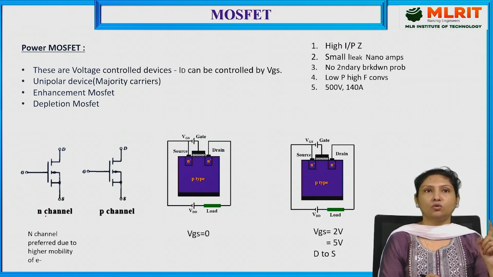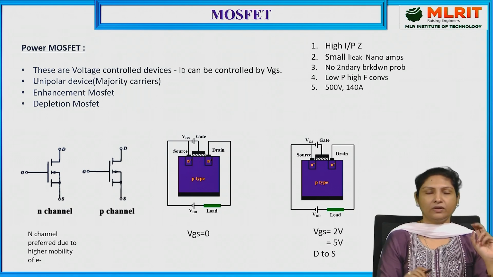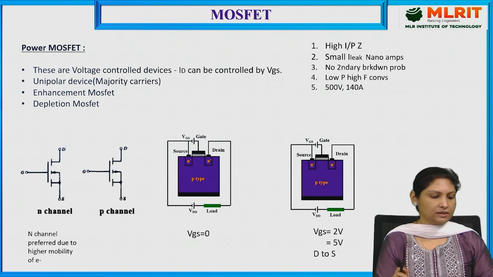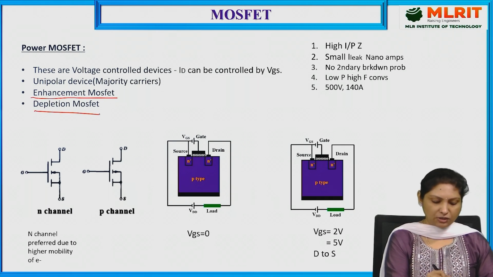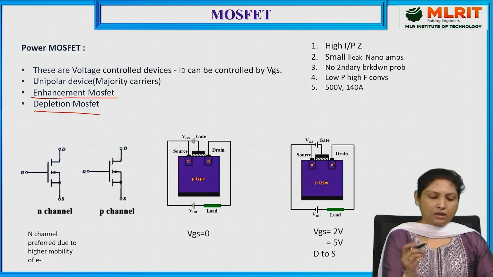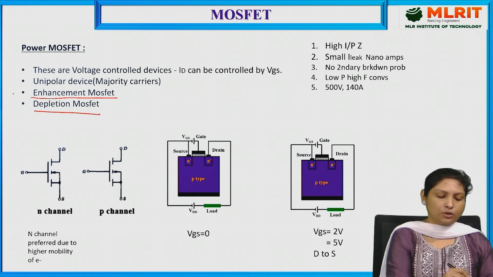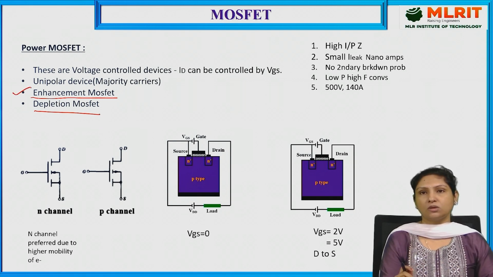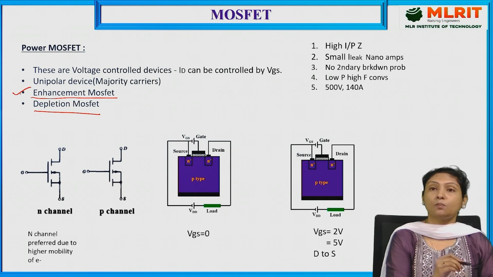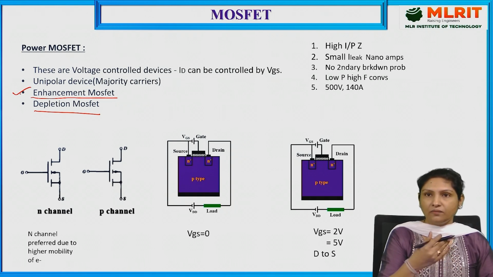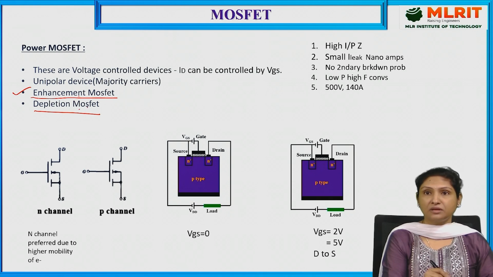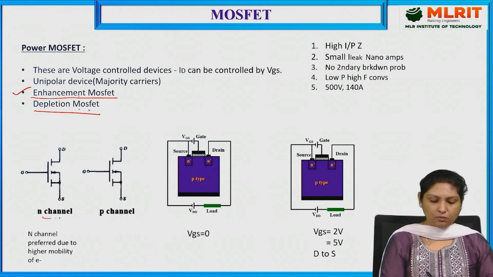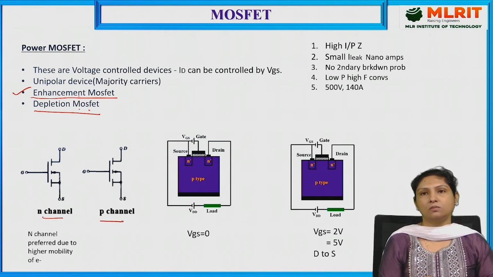There are two types of MOSFET basically, that is enhancement MOSFET as well as depletion MOSFET. But most probably we'll be making use of enhancement MOSFET itself, and this is most popularly used even when compared to the depletion MOSFET, and each is further classified into N-channel MOSFET and P-channel MOSFET.